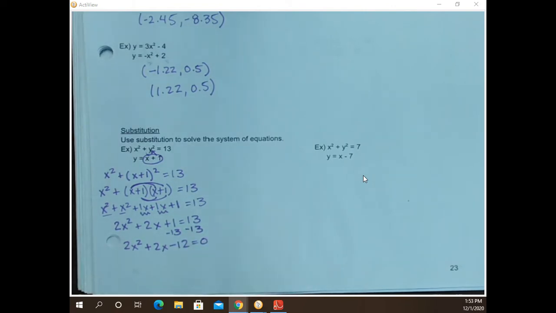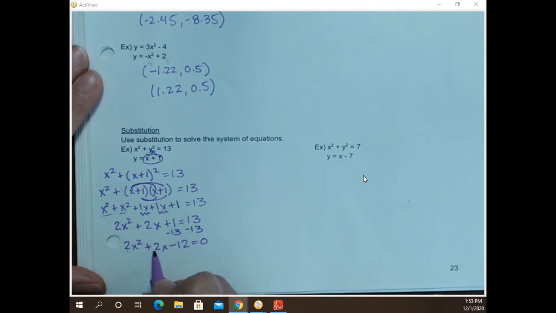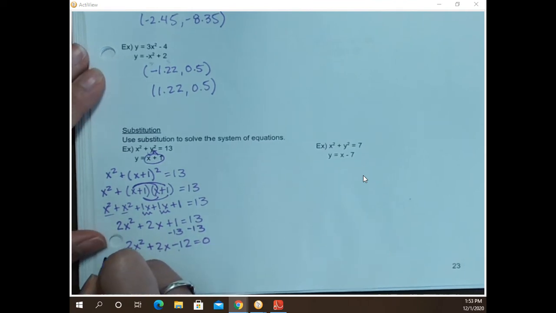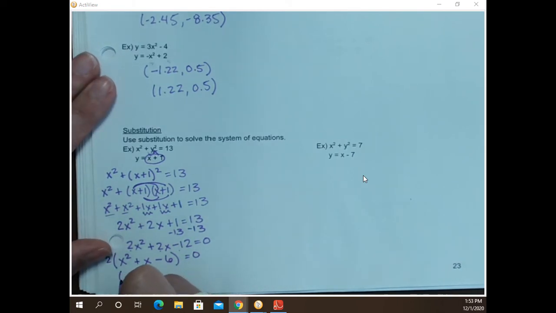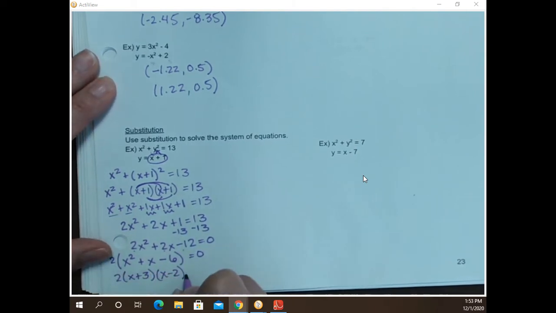I'm going to start factoring by taking out my GCF of 2. So if I factor 2 out of each of these, I'm left with x squared plus x minus 6 equals 0. And then x squared plus x minus 6 factors into (x plus 3) times (x minus 2). Again, we still have that GCF of 2 in front, and we're still equal to 0.